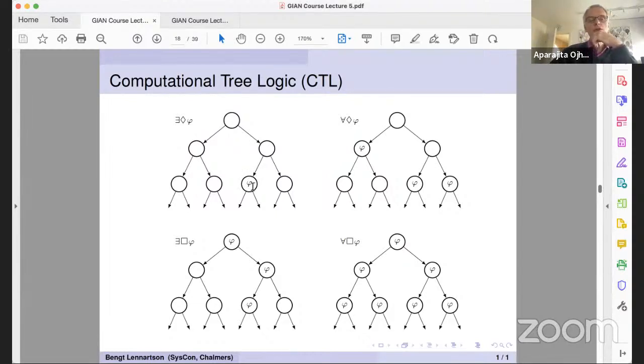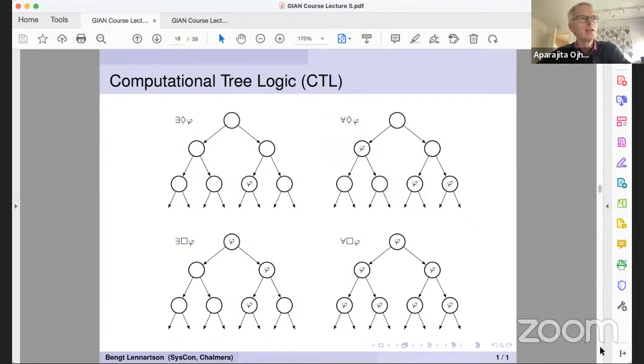So this computational tree logic is in some sense more detailed, but the thing is that if you combine operators like square and diamond, always eventually, these are called modalities, and in front of every modality you must have a quantifier in CTL, which makes it a little bit more restrictive. And people have very different opinions about this.